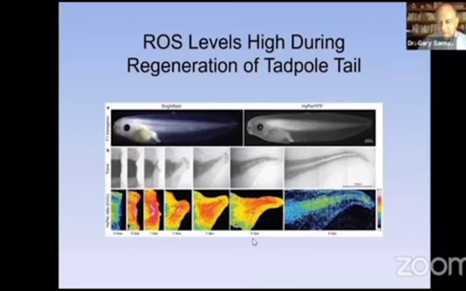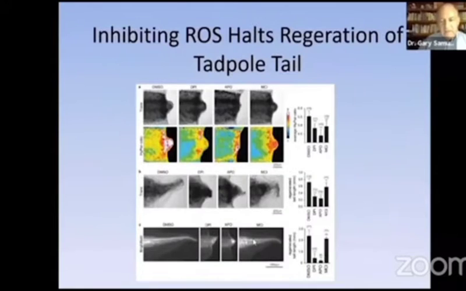They're able to use fluorescent markers to show what it is. Notice in the regeneration of the tail, the oxidants are very critical there. In fact, what they also did is they took antioxidants and got rid of the oxidants for the regeneration process, and the tail did not regenerate. So the oxidation, the redox signaling molecules, were absolutely essential in the regeneration of tissue.